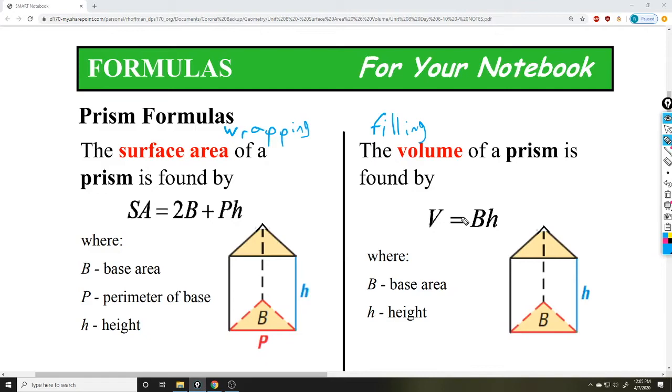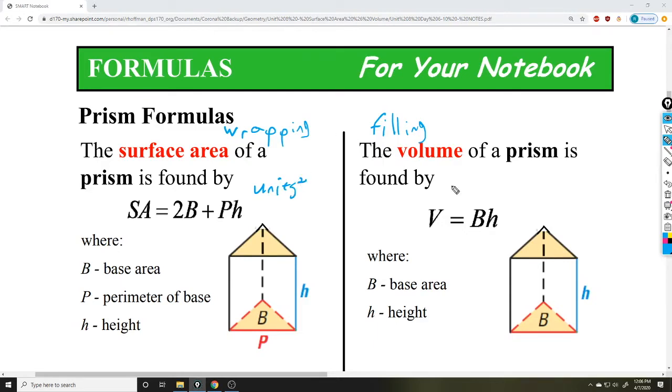How much wrapping paper do I need to wrap around the outside of the shape? Or how much material do I need to cover the entire surface? And surface area is an area. It's the amount of area along the outside of the surface. And so it's going to be in units squared, just like any other area is.